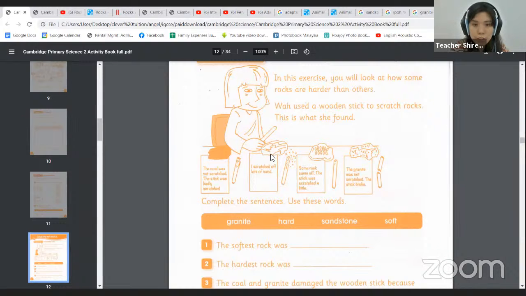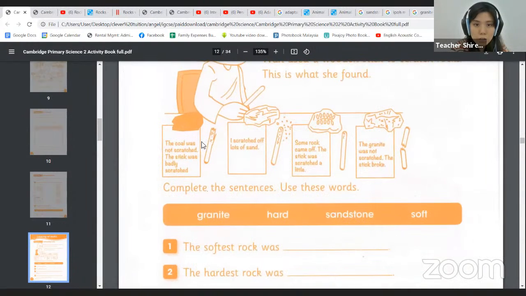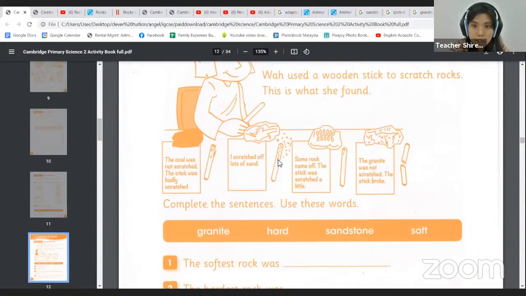This is what she found. With the coal, when you scratch with the wooden stick, the stick is badly scratched. Because coal is black, everything becomes black and the stick got black.